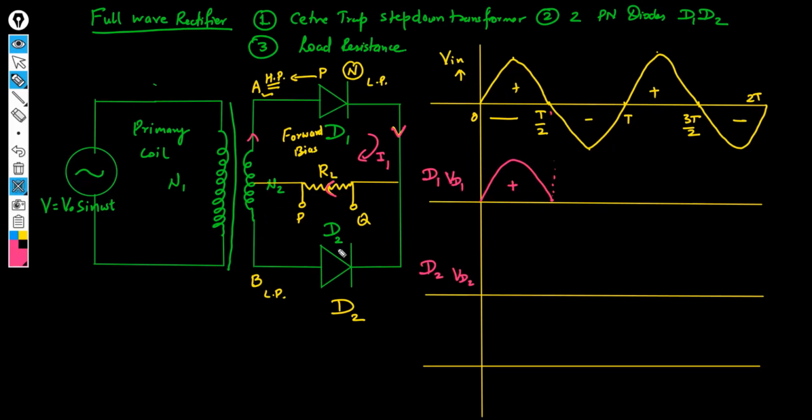Now with respect to D2, what will happen? Just check it. In D2, this is the P part and this is N. The P part is connected to lower potential as compared to N, so D2 will be in reverse bias. In reverse bias, will the current flow?